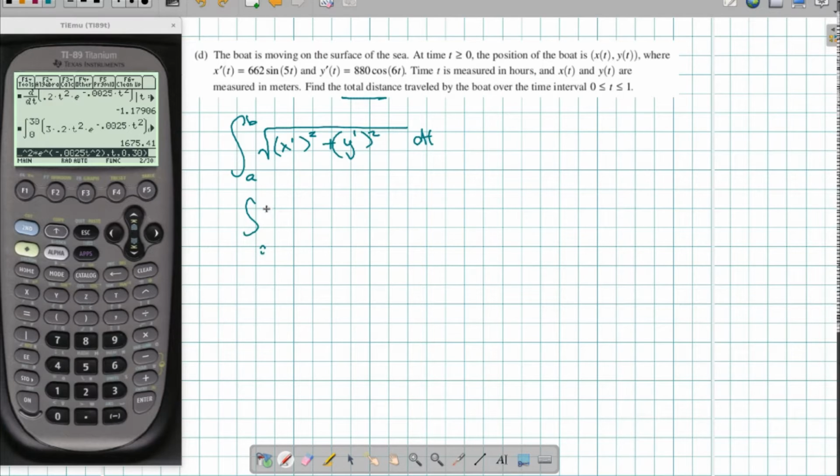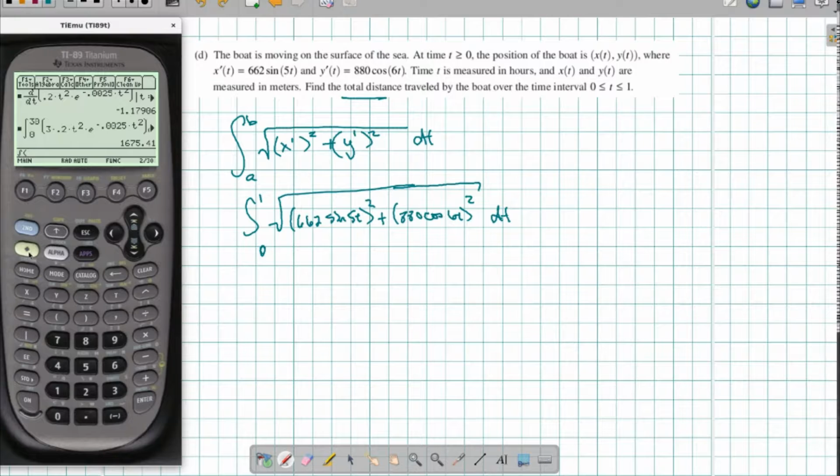So I'm going to be integrating from 0 to 1, the square root of, this is going to be 662 times the sine of 5t that I'm going to be squaring. And this is going to be 880 times the cosine of 6t that I'm going to be squaring. And I'm going to be integrating this with respect to t. So I'm going to take this whole thing and raise it to the 0.5 power. And inside here, I'm going to take something and square it.